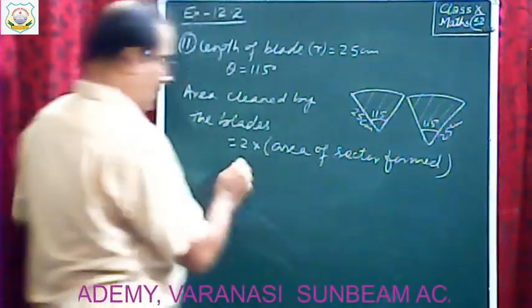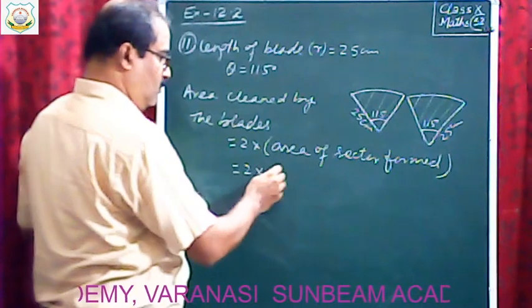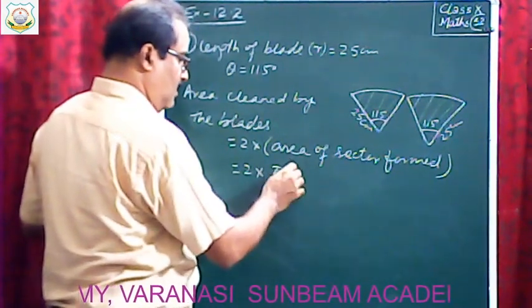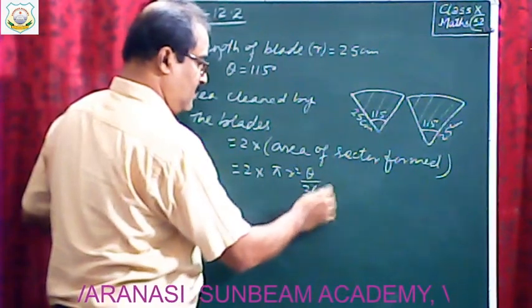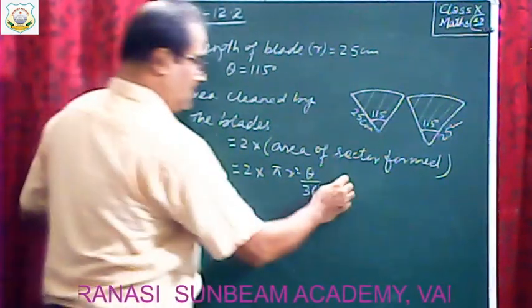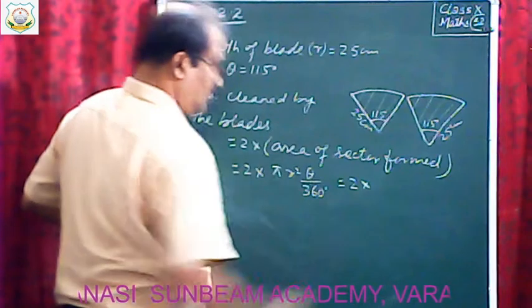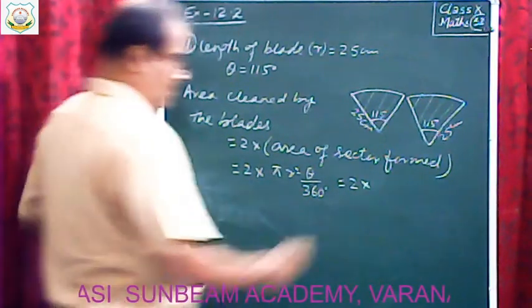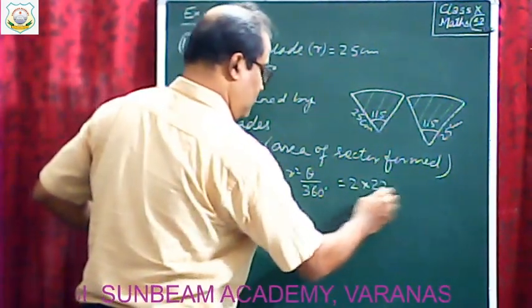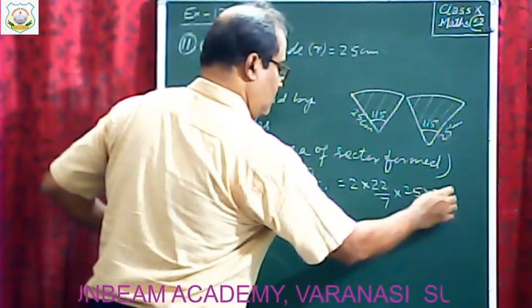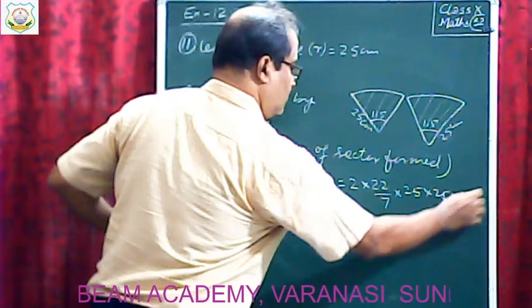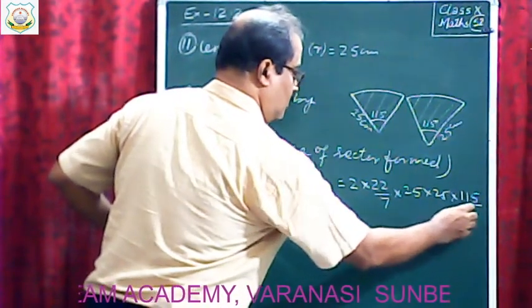Now thereafter calculation: 2 into pi r square theta upon 360, area of sector we have written. So that is equal to 2 into 22 by 7 into 25 into 25 into 115 upon 360.